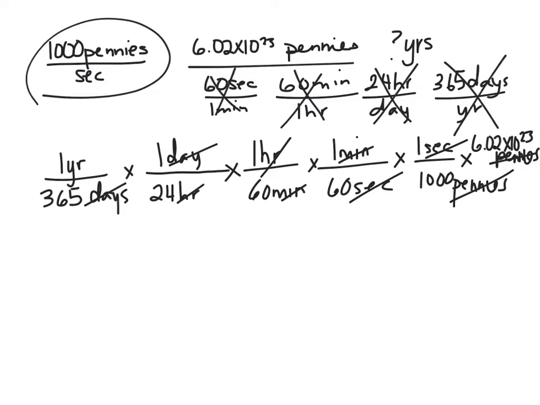So usually what I do is I take the top numbers, multiply them, then divide by each number on the bottom. But the result is, so that is a long time. You will not be able to spend a mole of pennies if you're spending at 1,000 pennies a second in your lifetime, or your grandchild's lifetime, or your grandchild's lifetime.